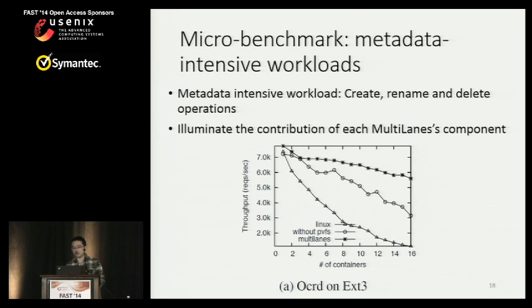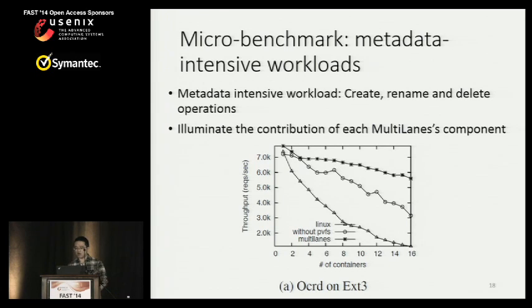The first micro benchmark is a metadata-intensive workload, which consists of create, rename, and delete operations. We wrote this benchmark in order to measure the contribution of each MultiLanes component, as the metadata-intensive workload can stress both the VFS layer and the underlying file system layer.